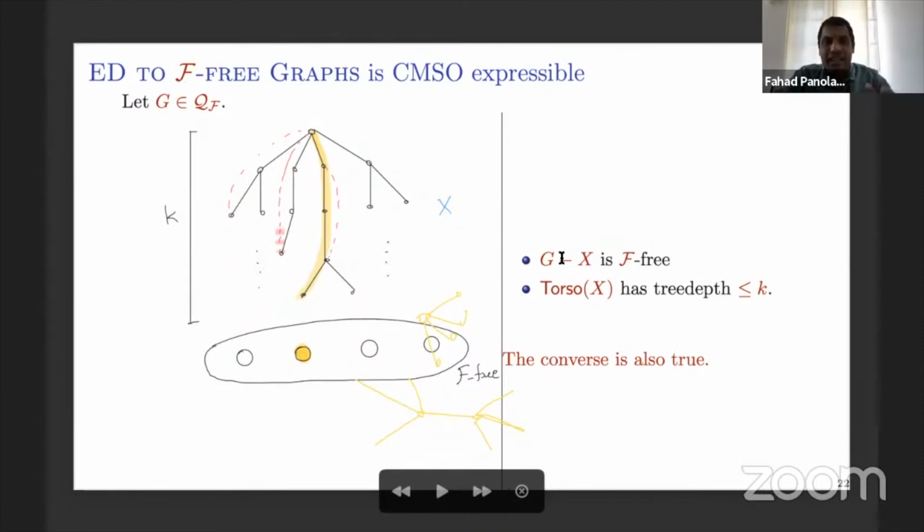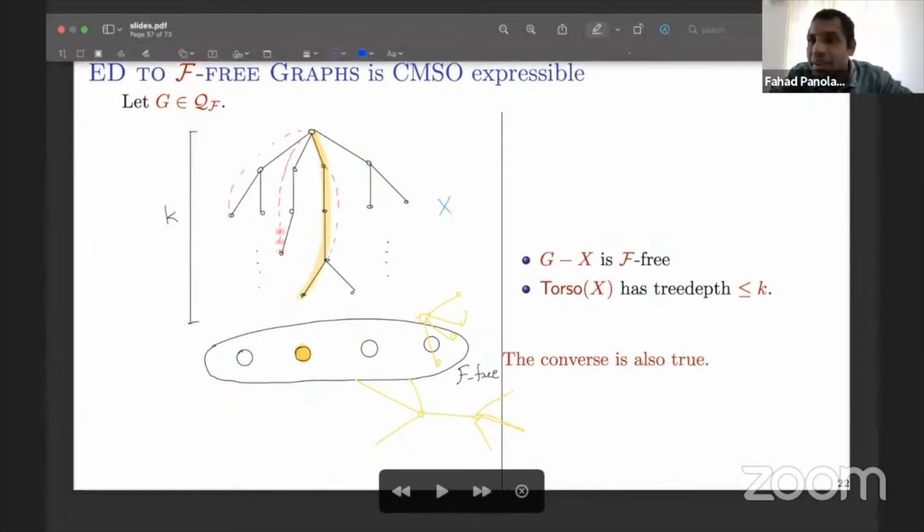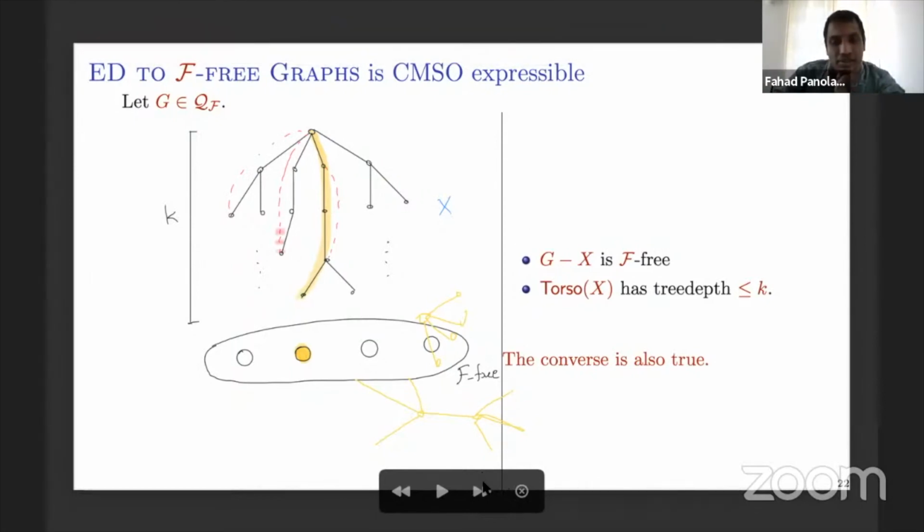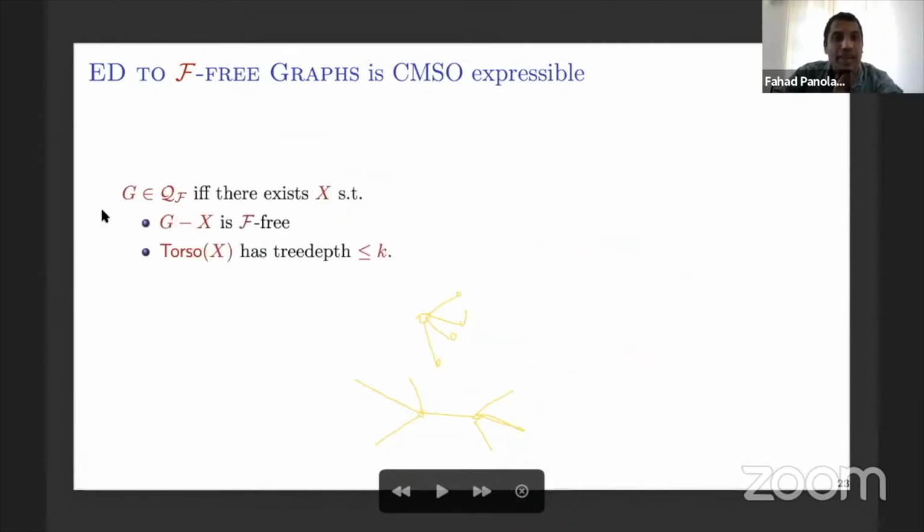The proof is that from the tree depth decomposition of the torso of X, you can construct an elimination forest of depth at most k. So what we have proved is that G belongs to Q_F if and only if there exists a vertex subset X such that G minus X is F-free and the torso of X has tree depth at most k.